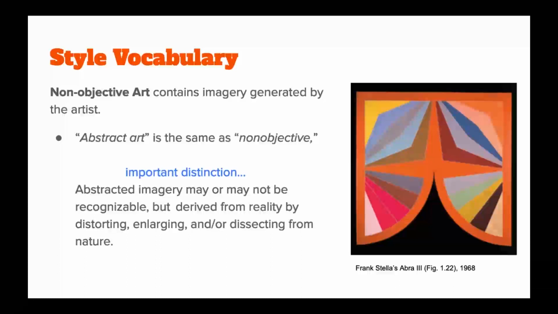I mentioned earlier about abstracted art. There are two different ways that we can talk about abstract art. Abstract art and non-objective art sometimes get smushed together. Abstract art can be, say I'm making a painting of an apple. The apple looks like an apple.